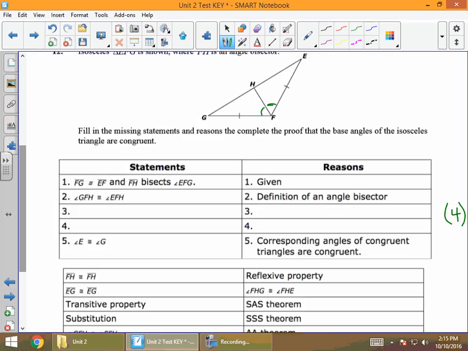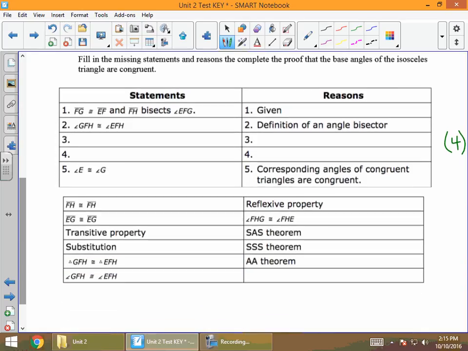They share this side right here, so I should probably say that next. They share that side FH. So as I look down here, this is the line that I want to say, that FH is congruent to FH. And the reason why something is congruent to itself is this property right here called the reflexive property.